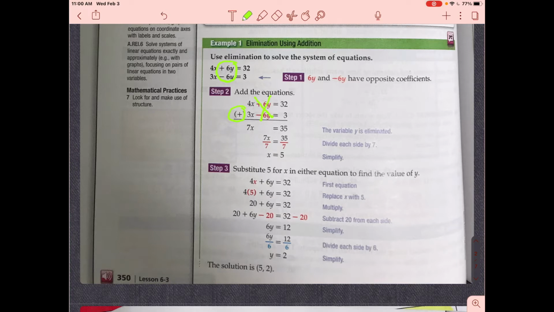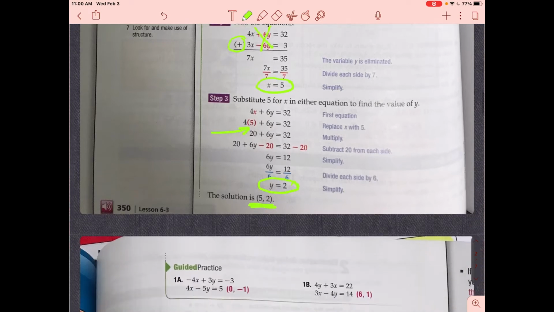We end up with 7x equals 35, and we can finish solving this to get a value for x. Then we can take either one of our original equations and plug in that 5 and solve for what y is, ending up with a value for where the 2 lines cross. This is consistent and independent.